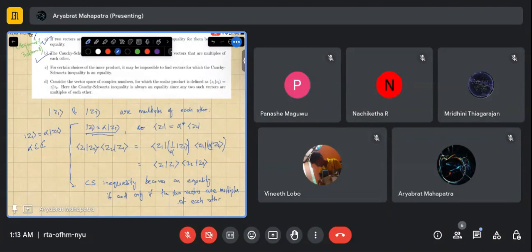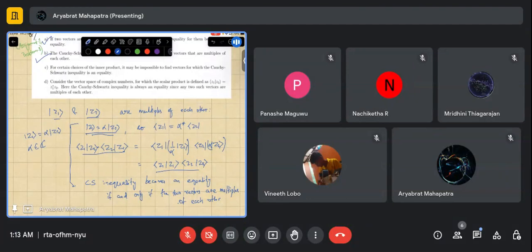This will still hold true because, as I showed first, Z1 and Z2 are multiples of each other. If I had taken alpha to be real instead of complex, the proof would still go as it did. But when I make it complex, it still holds true.